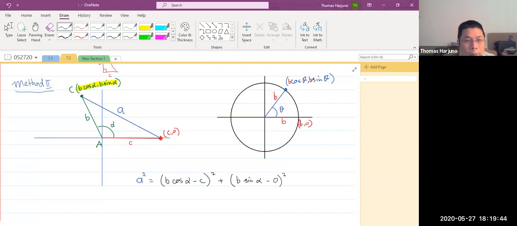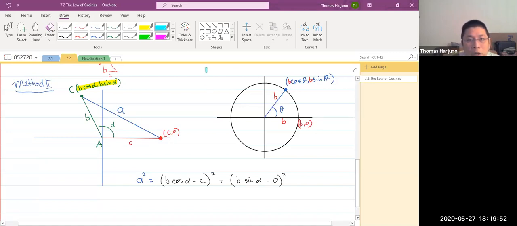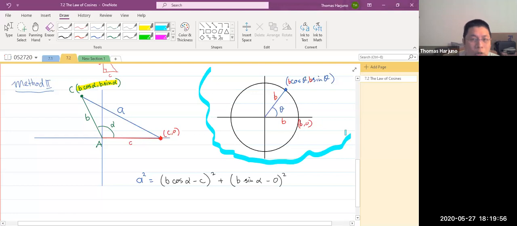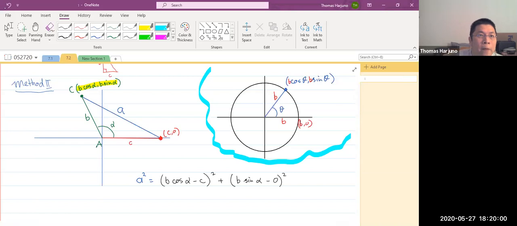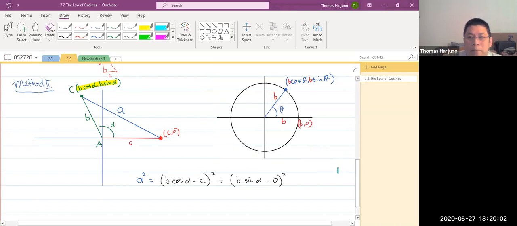Now the proof of method 2 here is very similar to the proof given by our textbook, but our textbook didn't invoke what we learned here. I try to invoke that so that you remember. That's actually quite useful.